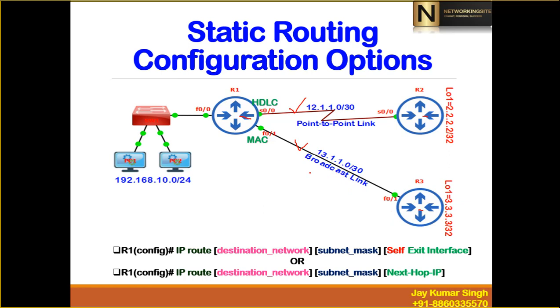In that condition, which static command should be used? Cisco recommends that if your device is connected to another router via a point to point serial link, you can use the self exit interface.